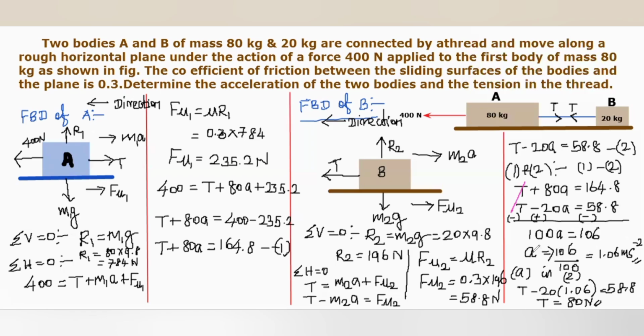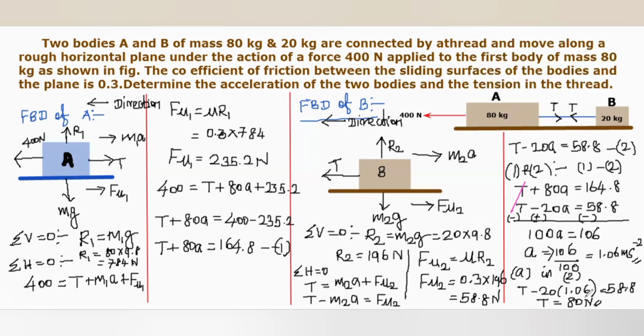Then by substituting the value of acceleration in the second equation, we got the value of tension. So the acceleration of the body is 1.06 meters per second squared, and the tension in the thread is 80 Newton.